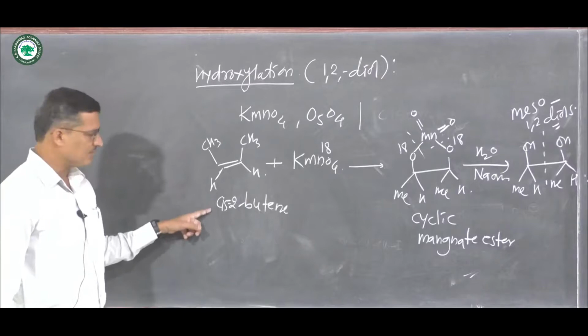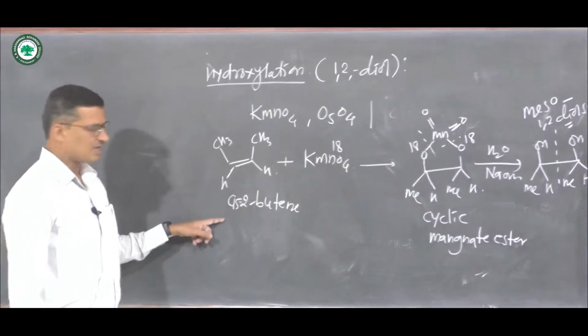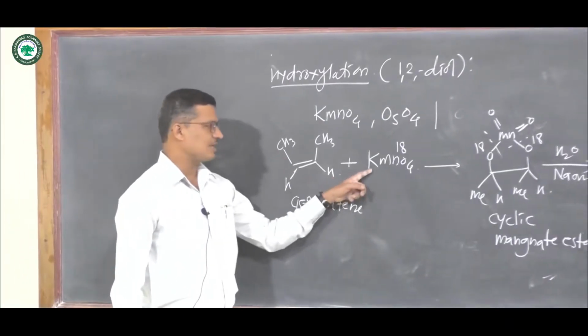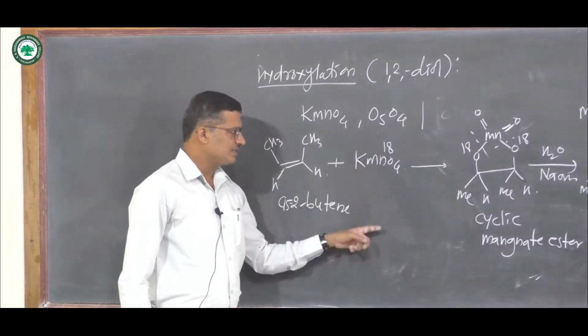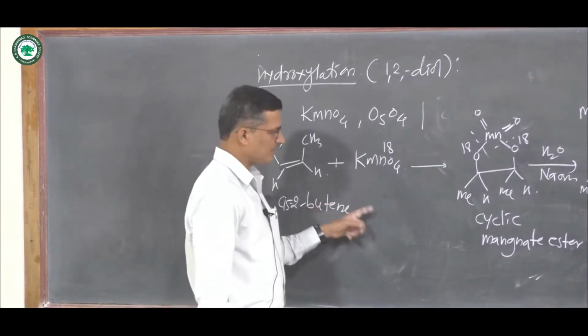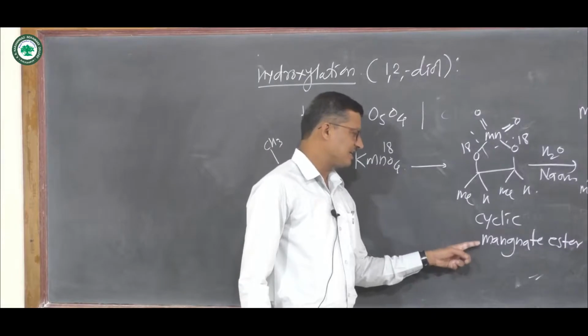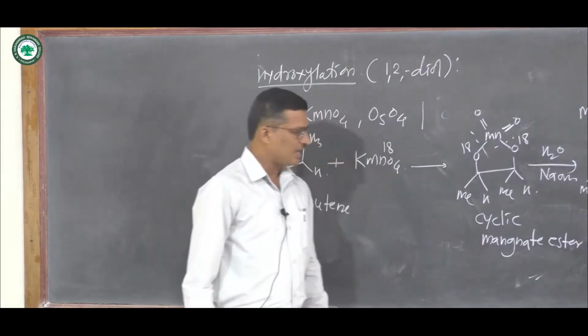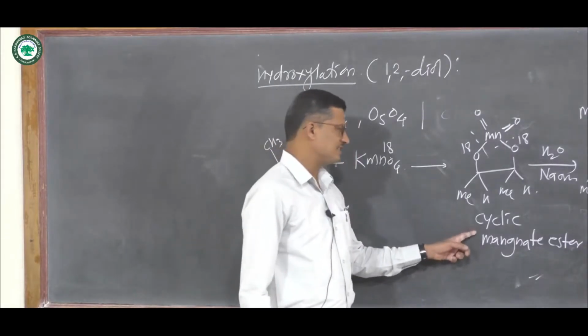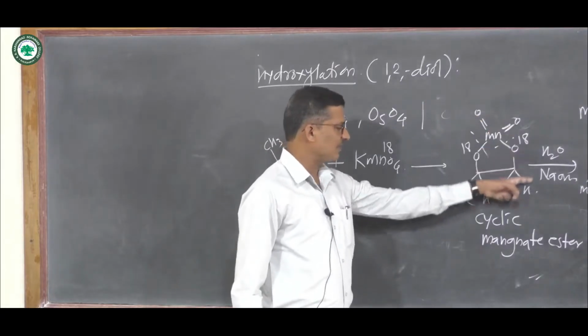So we remember this is cis-2-butene, and when the cis-2-butene reacts with alkaline KMnO4, there is formation of a cyclic manganate ester.